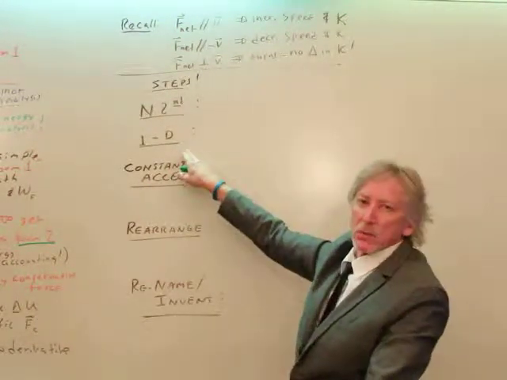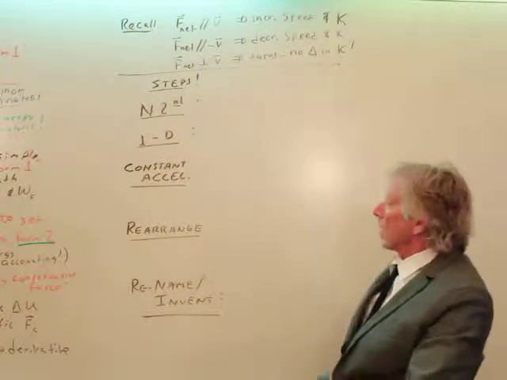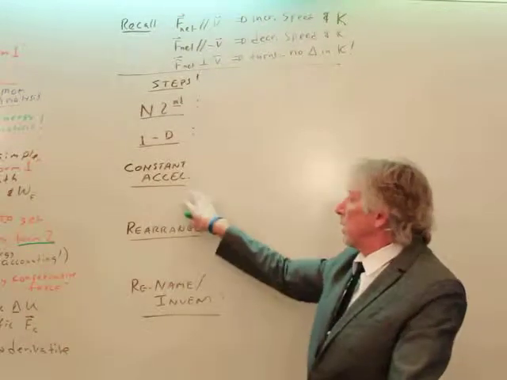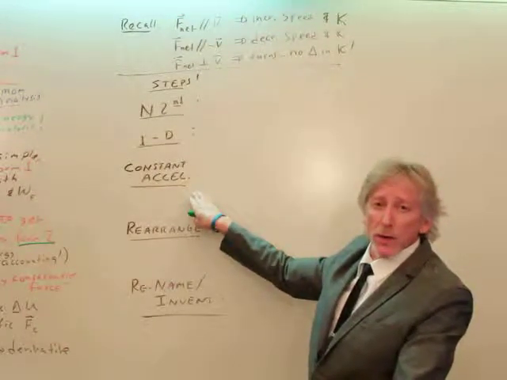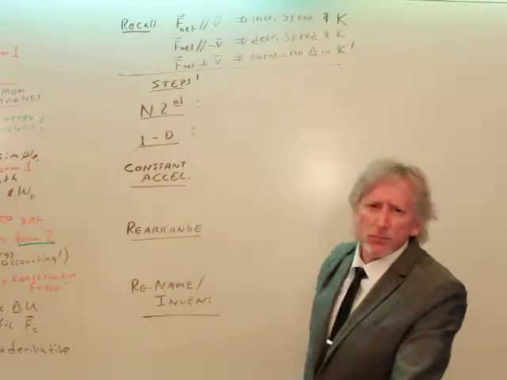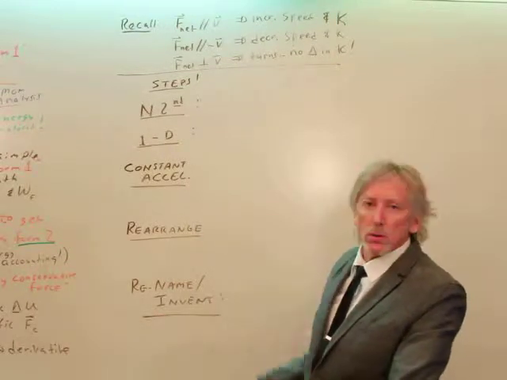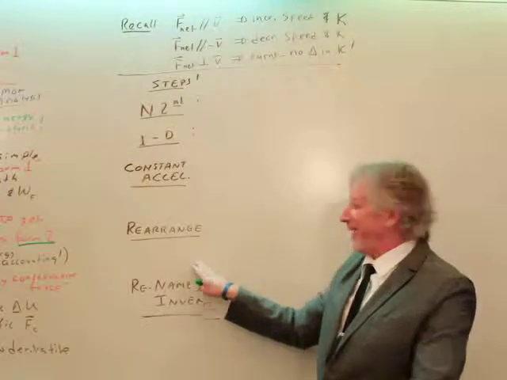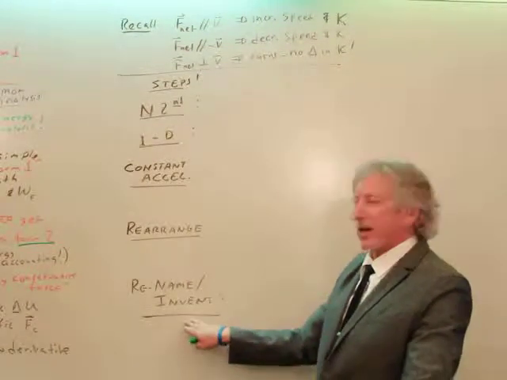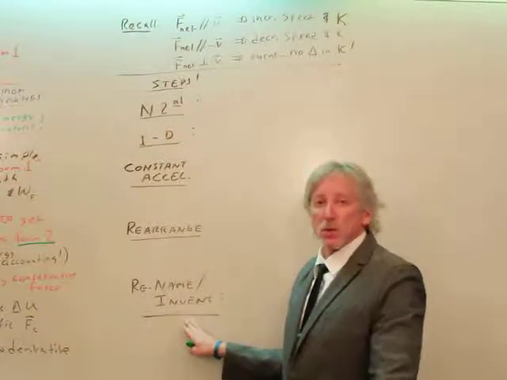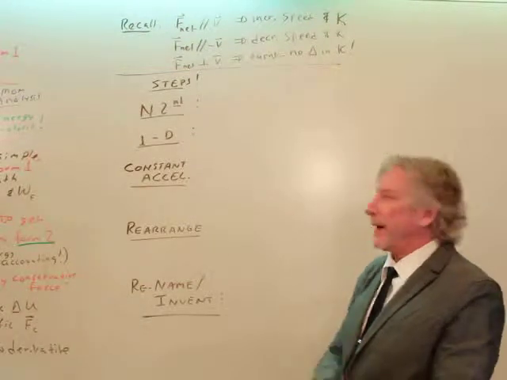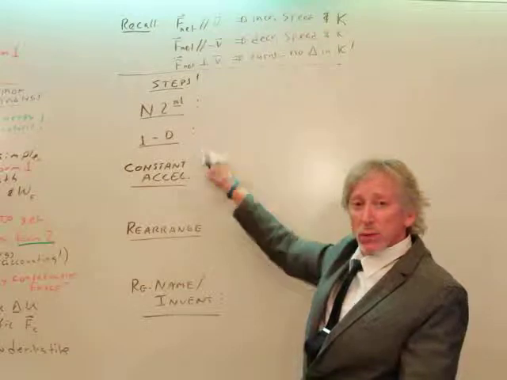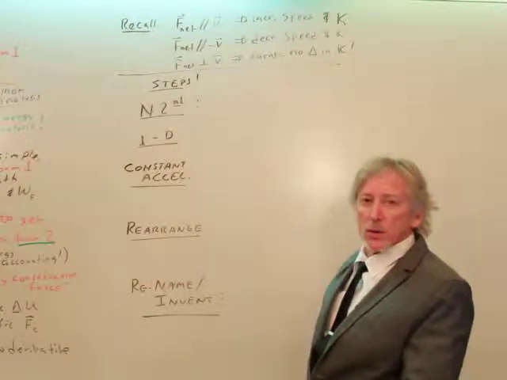Then assume that the acceleration is constant, which means the net force is constant. Again, for this quick derivation, it works wonders. You can look up more general derivations elsewhere if you want. Then we simply rearrange, and rename and reinvent some terms. So pause now and start with Newton's second law. Write it with only x components. Put in constant acceleration.